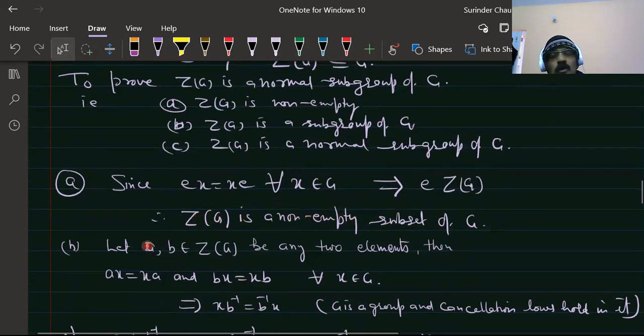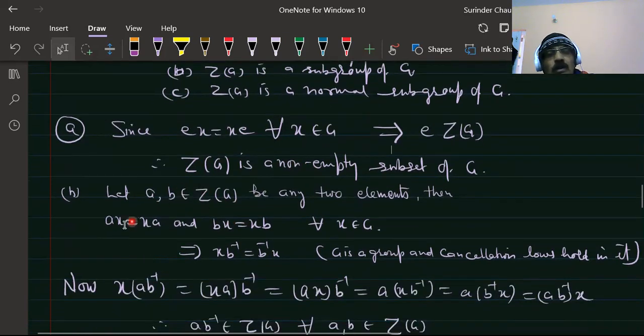Now second, we show this is a subgroup. For all A, B belonging to Z(G), we have any two elements, then A into X is equal to X into A and B into X is equal to X into B for all X belonging to G. G is a group, so the cancellation laws apply.